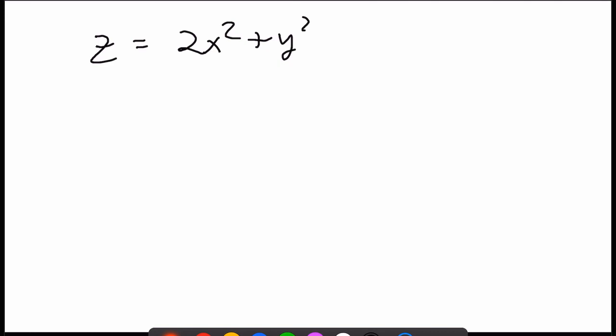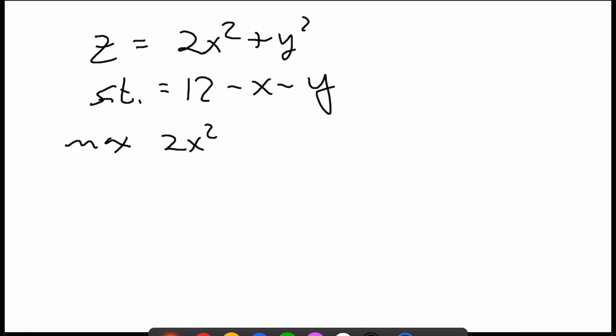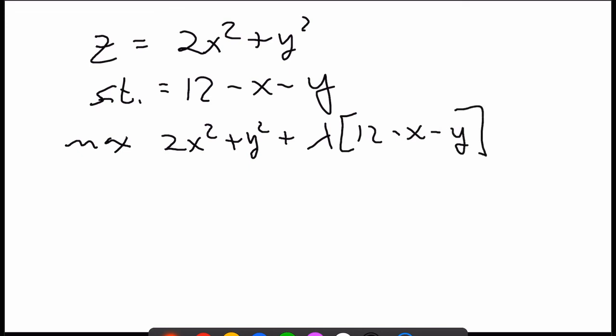So, which isn't a whole lot different than one we've already done. Okay? But I can remind you of something else. So what I'm doing is maximizing 2x squared plus y squared plus lambda 12 minus x minus y. Okay? Right?